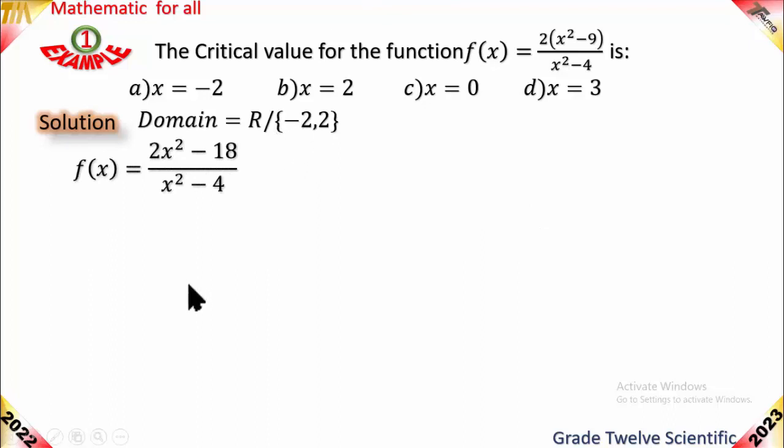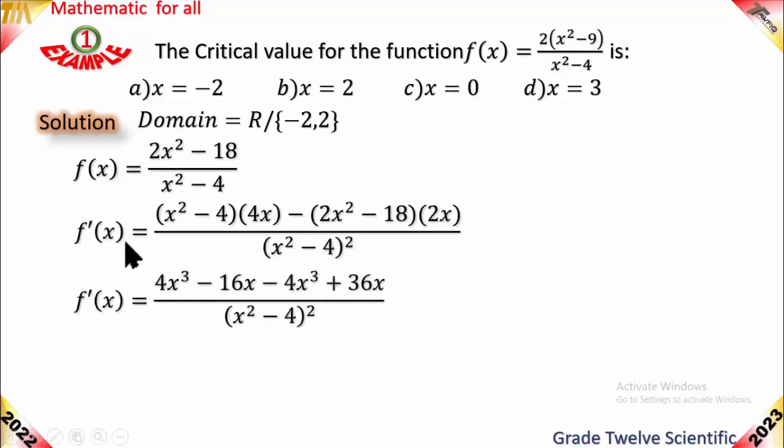Take the derivative. The first derivative, f prime of x, is denominator x squared minus 4 times the derivative of numerator, which is 2 times 2 is 4x, minus numerator 2x squared minus 18 times the derivative of denominator, which is 2x, over denominator squared.